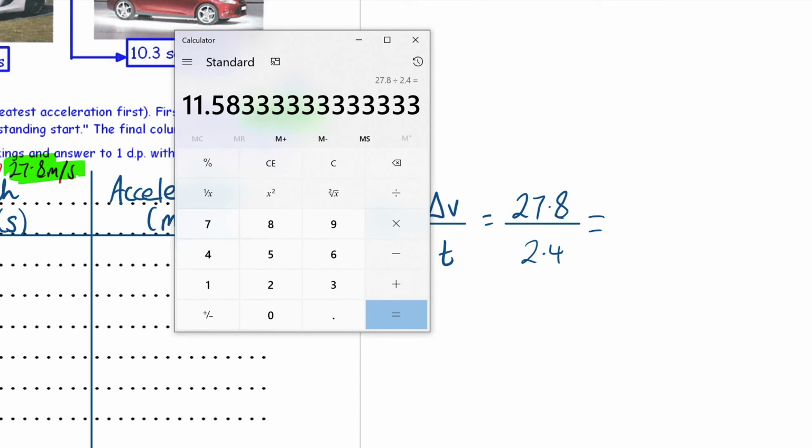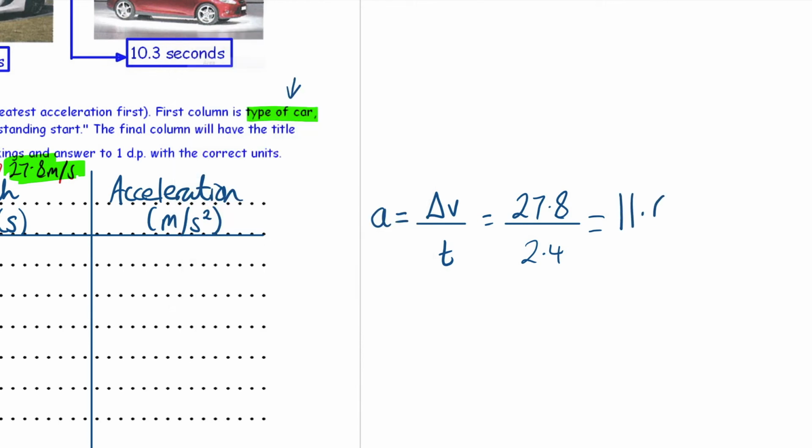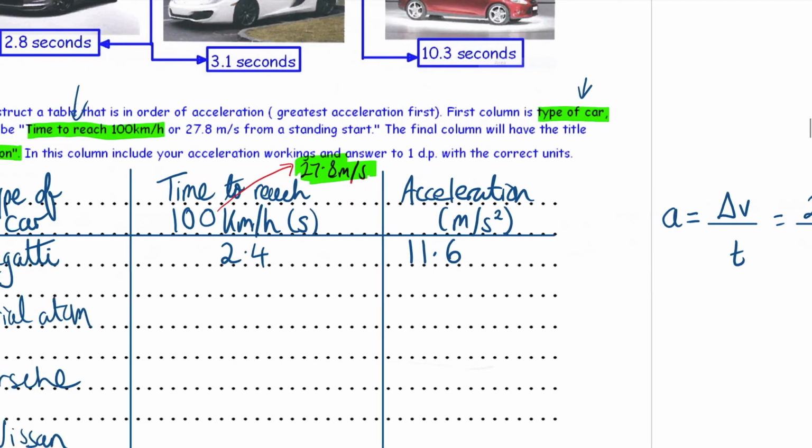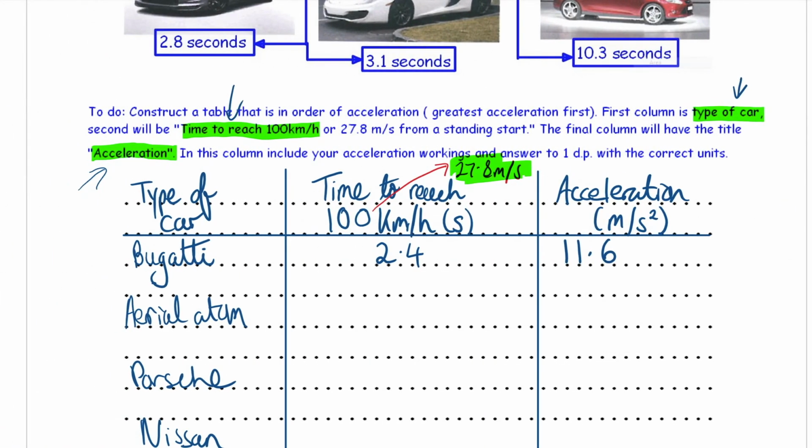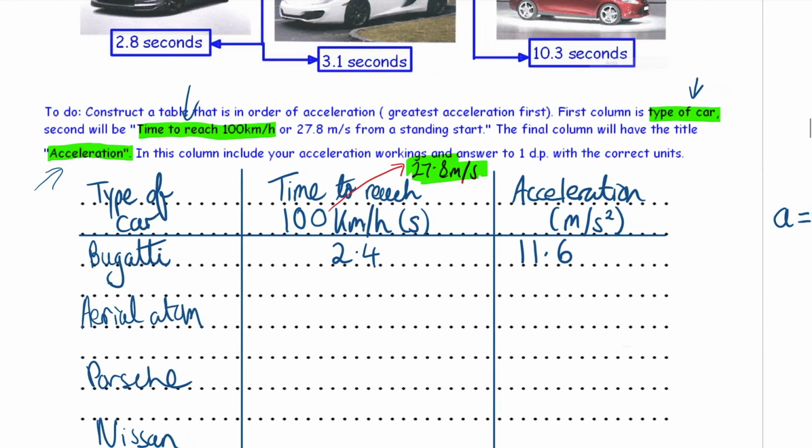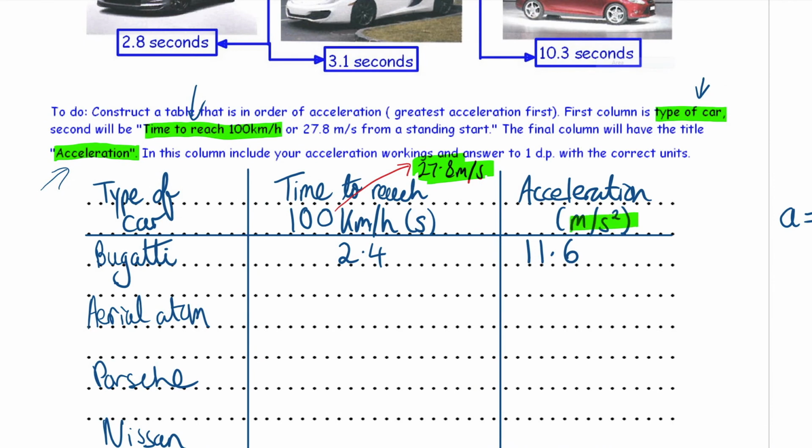I'll round that up to 1 decimal place. 11.6, because it's 5.8, you round it up. And don't forget the units. 11.6. I don't need to write the units in the table because it's in the column. It's in the header row, I should say. The units are there.